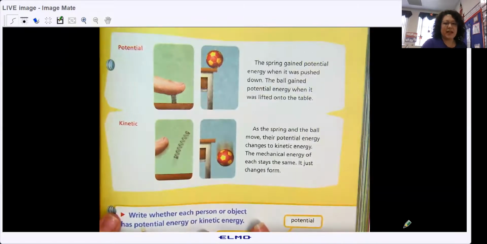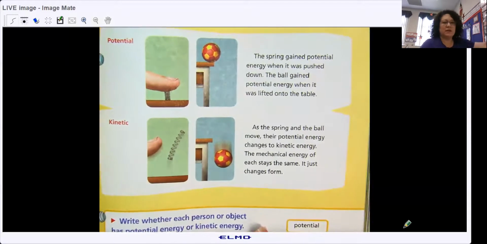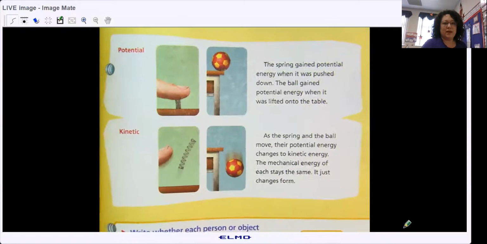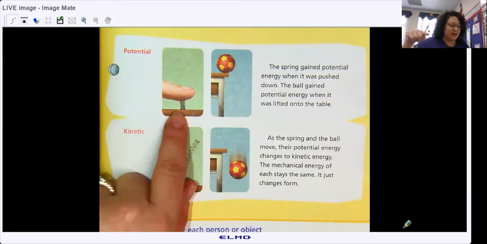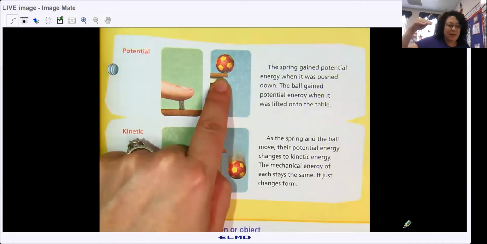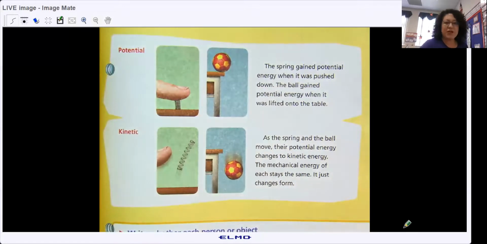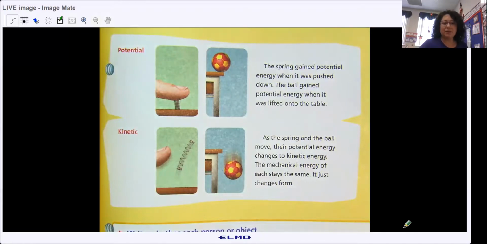So we see potential energy. Okay. The spring is down. It hasn't gone up yet. It's at the top of the table. The spring gained potential energy when it was pushed down. The ball gained potential energy when it was lifted onto the table. Now we've got our kinetic energy.